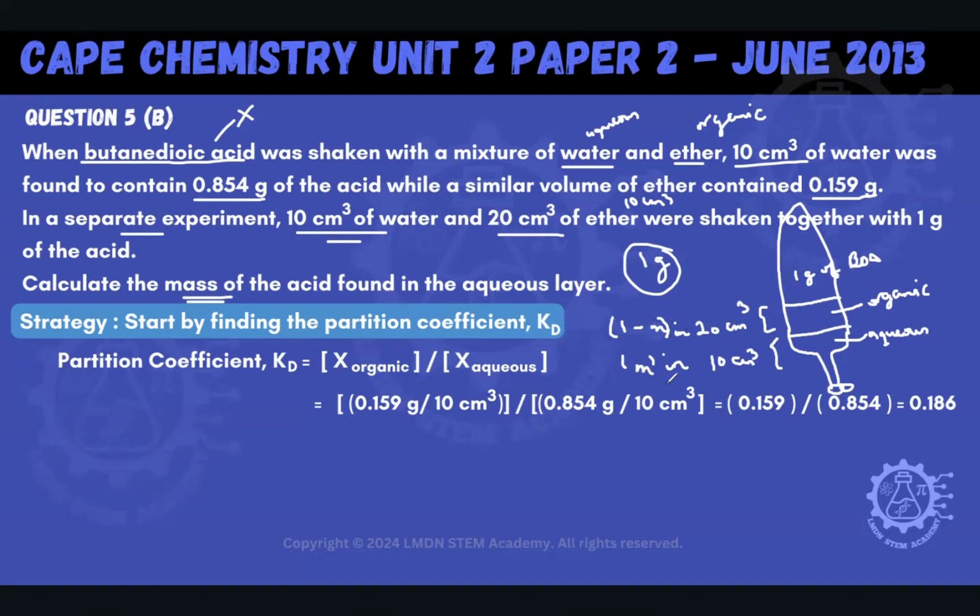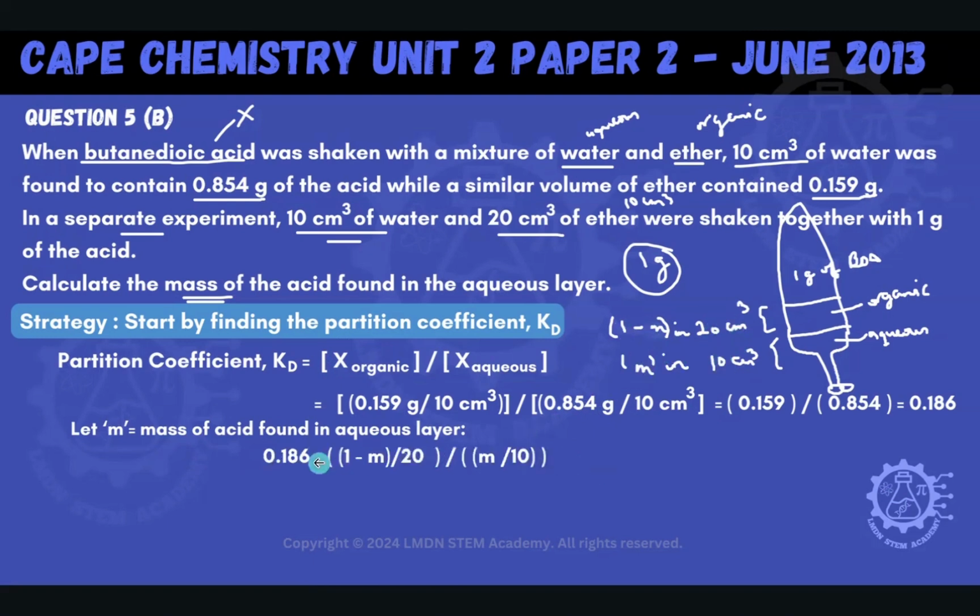And so what we have to do now, let's proceed forward. Here, I'm letting M be the mass of acid found in the aqueous layer, which you can see in my picture here. So now we're going to find our new equilibrium concentrations for the solute in the organic phase and the solute in the aqueous phase, using these unknown variables and the known volumes.